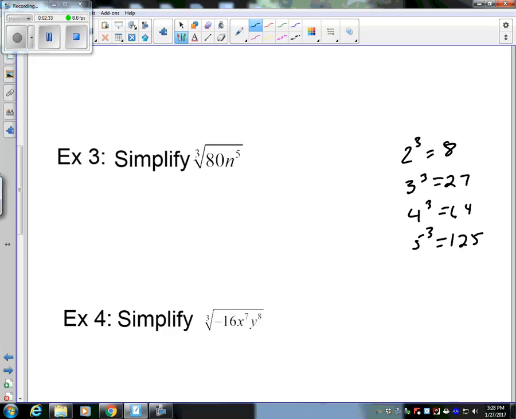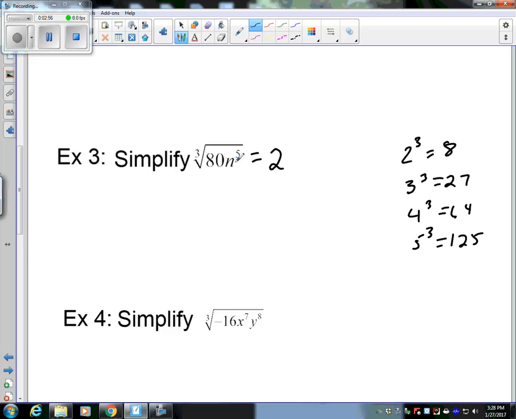Doubtful that you'd ever have to go 6 to the third, but if you remember these 4 cubes, it makes it a lot easier. So 80, which one of these could you divide 80 by? That would be 8. So we have the cube root of 80, we have 2 on the outside, cube root of 8 is 2, there's a 10 left on the inside, but I'm going to deal with the variables next.